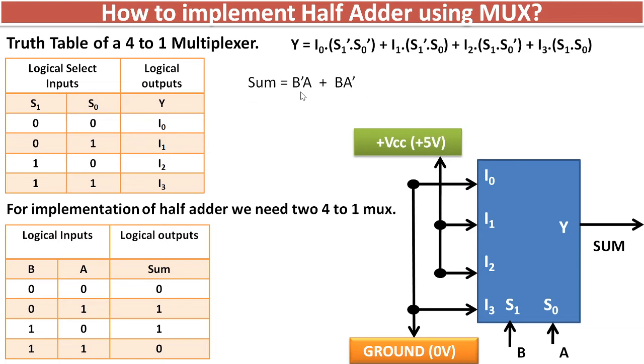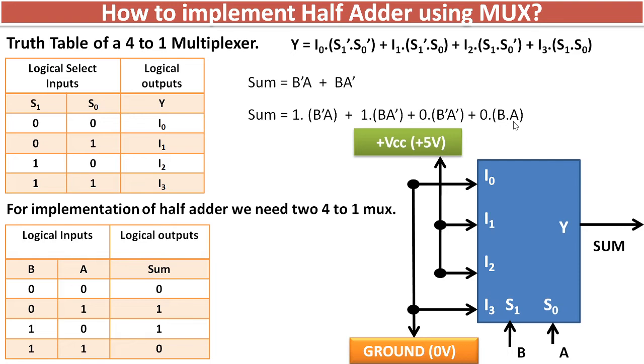Now this can again be rearranged in this manner. B bar A is the same as 1 dot B bar A, that means whatever the combination at B bar and A, that will get reflected at the output. Hence this particular term can be written as 1 dot B bar A. Similarly, this term can be written as 1 dot B A bar. Now there are two terms missing, so those can be written as 0 dot B bar A bar and 0 dot B A.